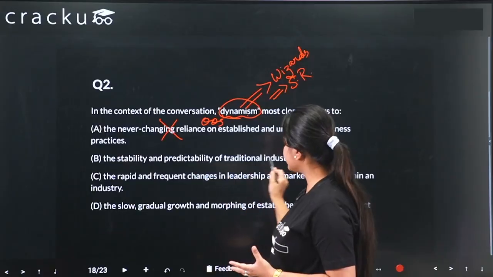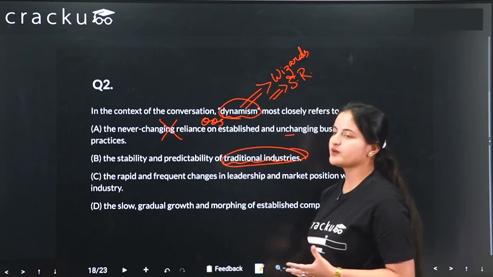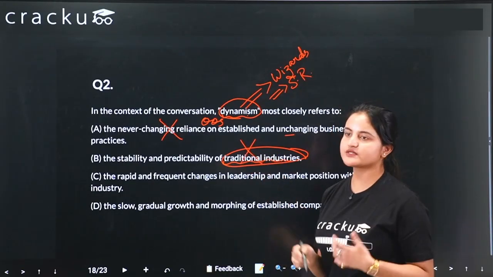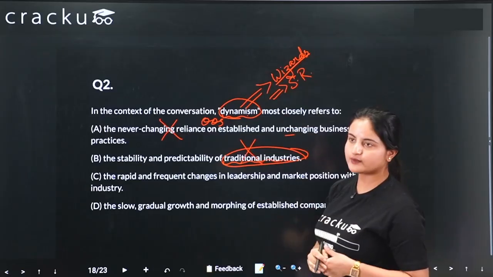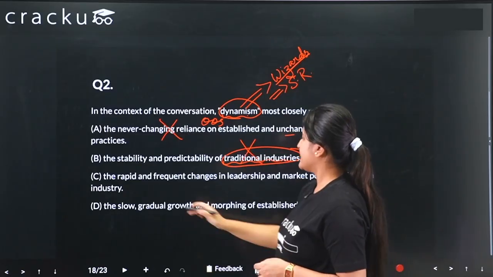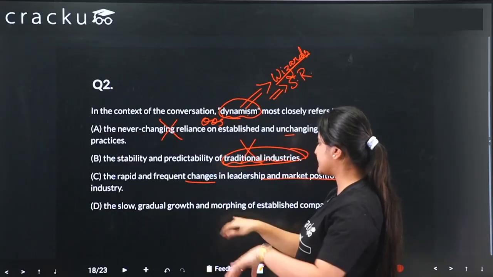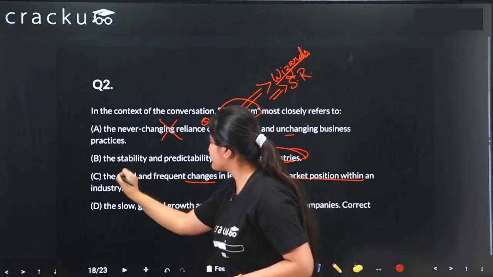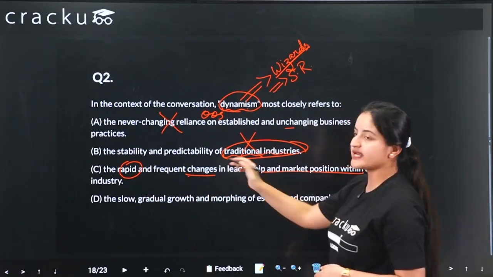The stability and predictability of traditional businesses, wrong. Why? Because dynamism is not related to traditional businesses. It is related to the wizards, not the Muggles. That much we know. The rapid and frequent changes in leadership and market position within an industry. This could be it, right?